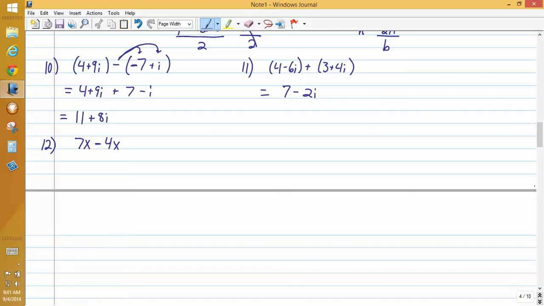When 4 times a number is subtracted from 7 times the number. So 4 times the number is being subtracted from 7 times the number. And it says the result is, so equals 33. So 7x minus 4x is 3x. x equals 11.